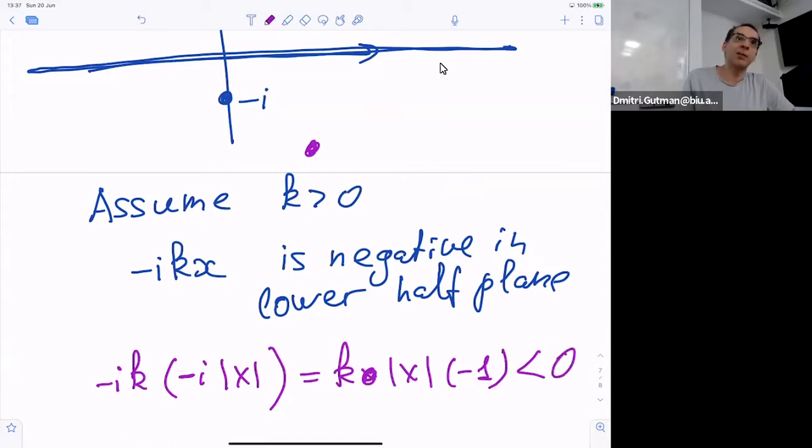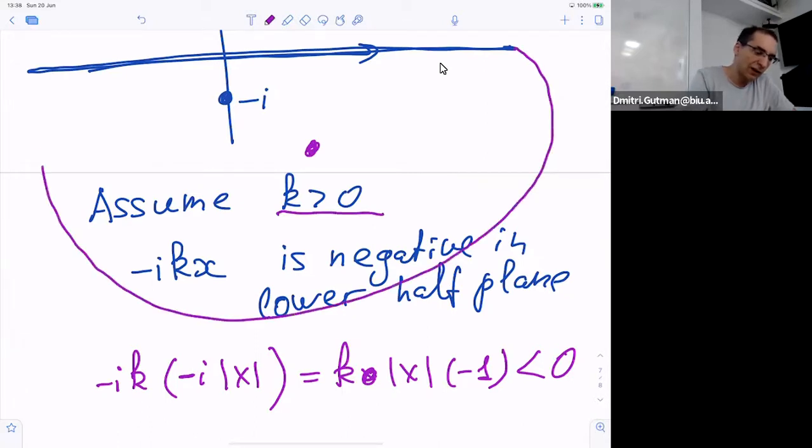Therefore, this thing will be exponentially small. The conclusion is that if k is positive, then I can close this integral in the lower half plane, and the part on this very large circle is exponentially small. So if I make this semicircle exponentially large, I get the result with exponential accuracy.